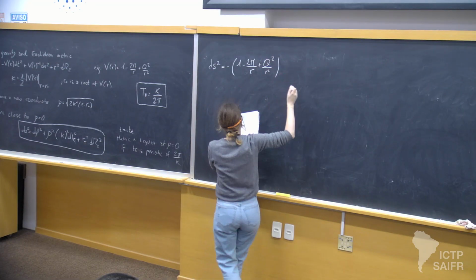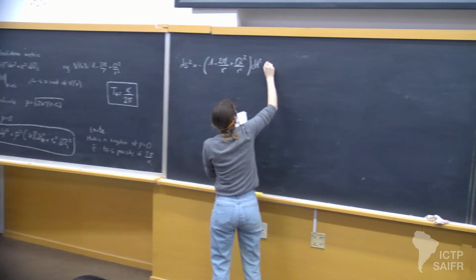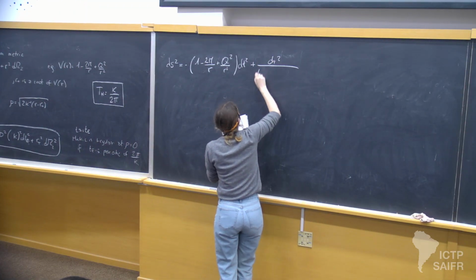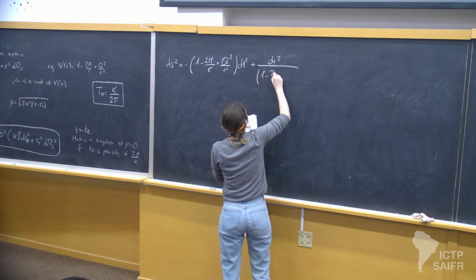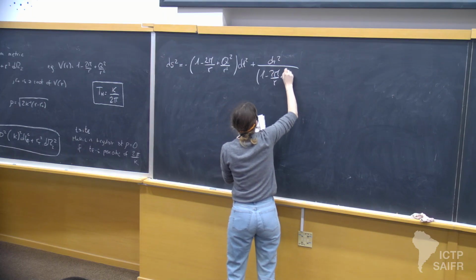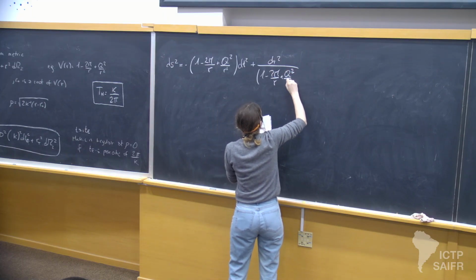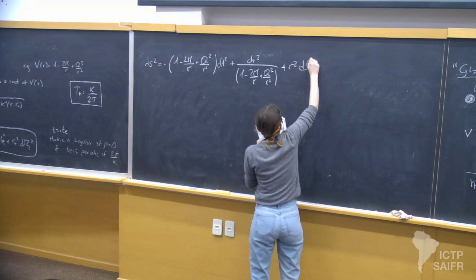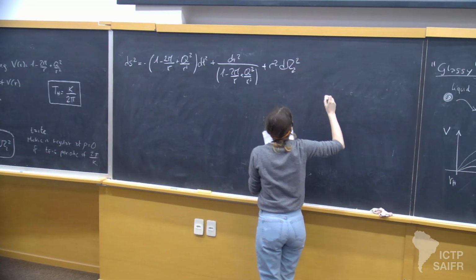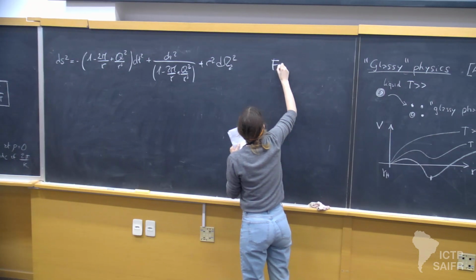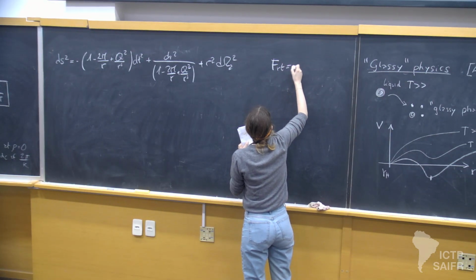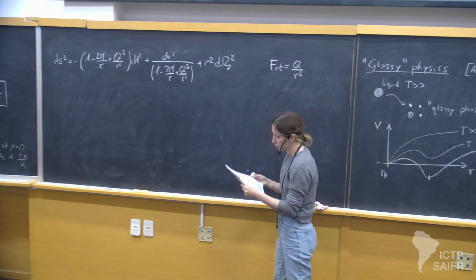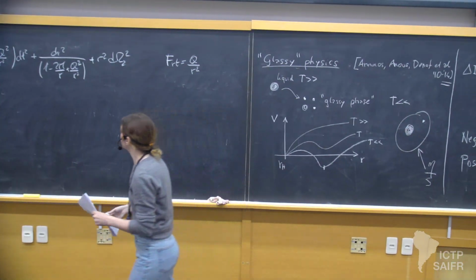So the metric is minus f dt squared plus dr squared over f plus r squared dΩ2 squared, with f equal to one minus two m over r plus q squared over r squared. Once again, this configuration is supported by gauge fields, and the field strength is q over r squared. We take the configuration to be purely electric.